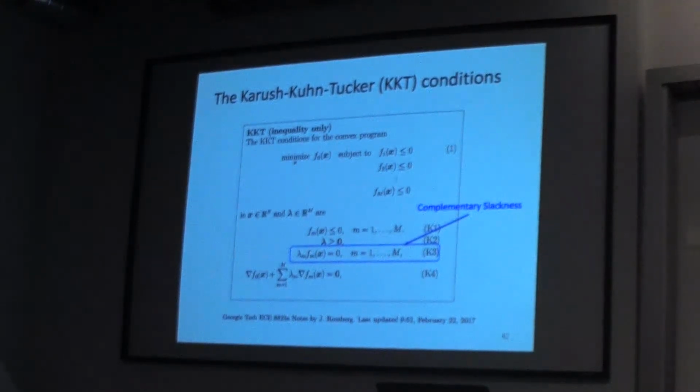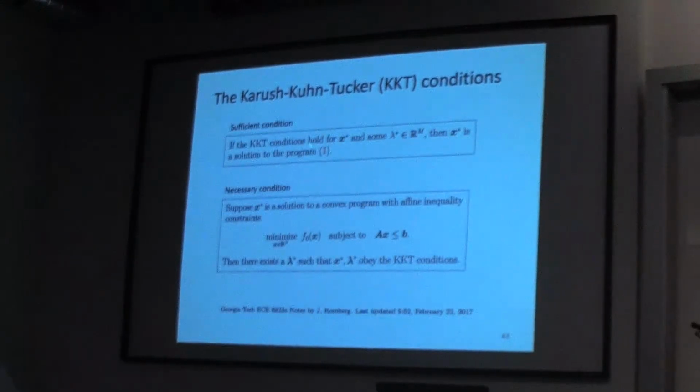However, in general, this is not a necessary condition, meaning that there can be a solution of this constrained optimization problem which does not satisfy KKT. So the KKT conditions are just sufficient conditions, meaning that if you can find a particular pair of x star and lambda star which satisfy the KKT conditions, then you can claim your x star is the solution.